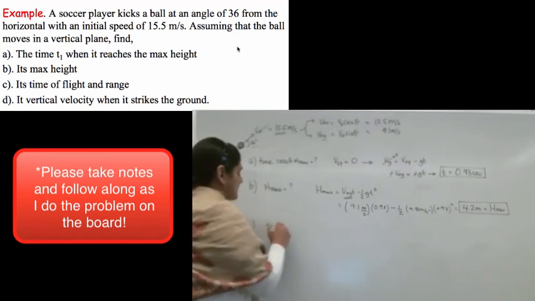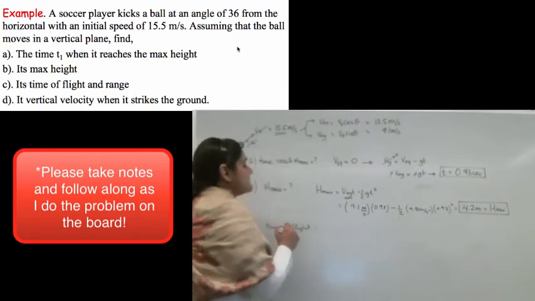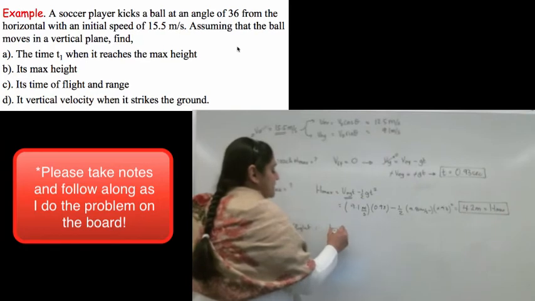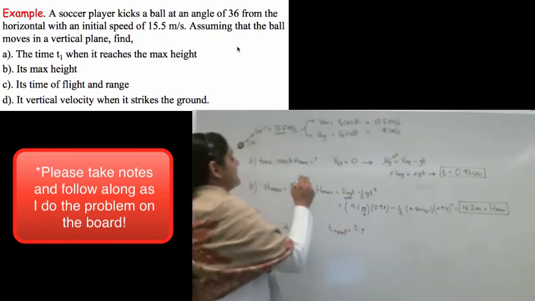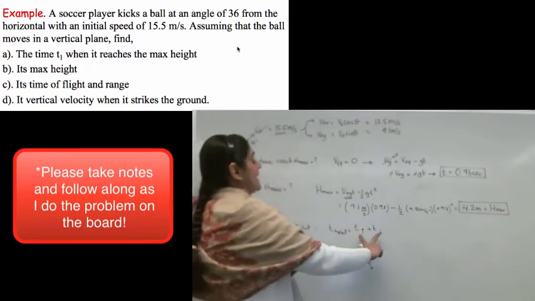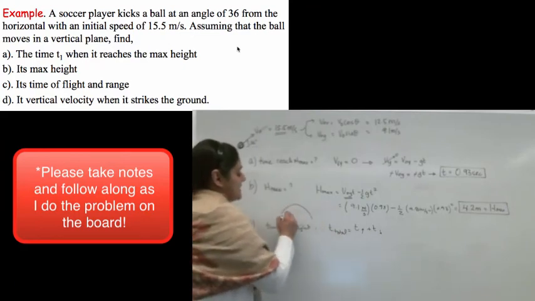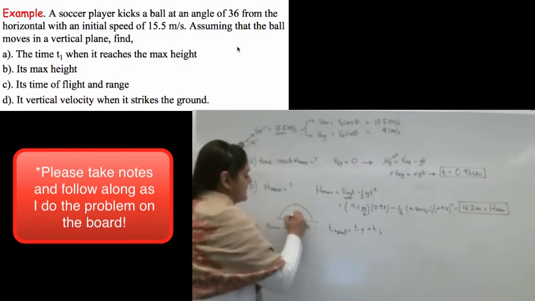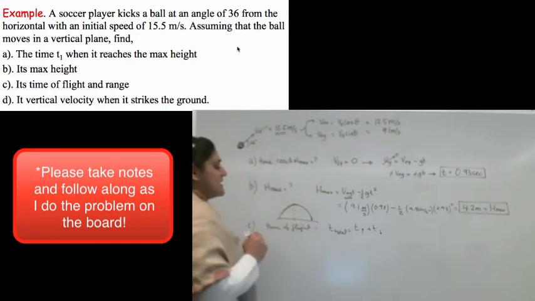Part C, it says the time of flight and its range. So time of flight, okay? The time of flight, which is t total, is the time for the ball to go up in a projectile plus the time that it goes down. These two are absolutely equal to each other. The amount of time that a projectile stays in the air is the time that it takes to reach this point and the time that it takes to reach that point.